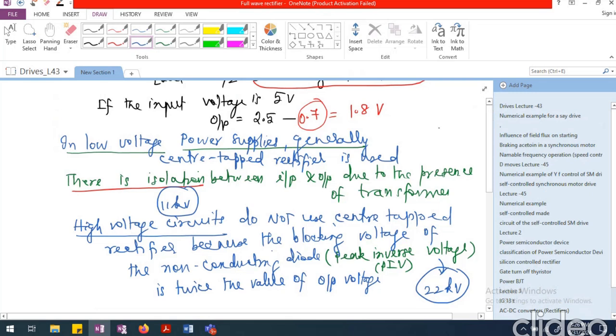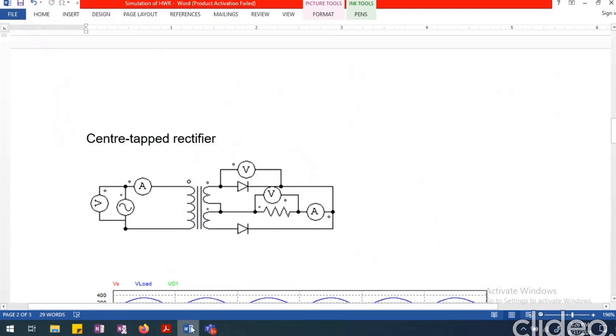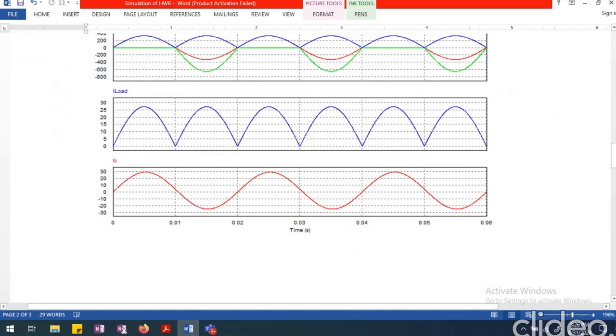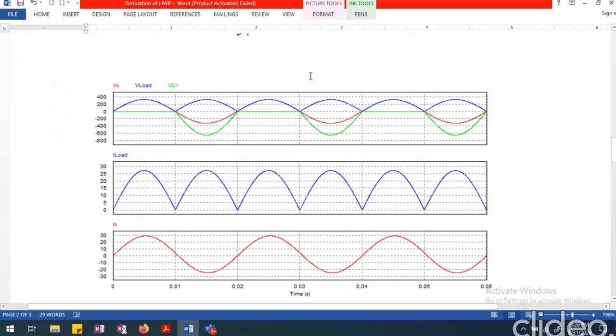Anyway, so this is the center tap rectifier circuit. And here you can see the simulation for 3 cycles it has been done.